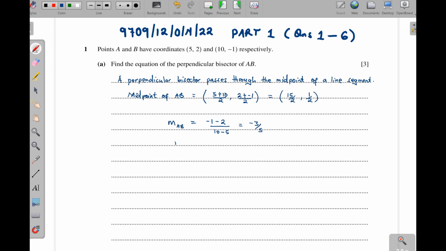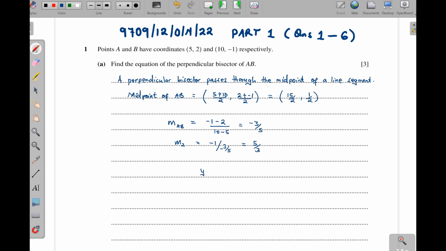Then M2, because these two are perpendicular lines, so M1 times M2 is equal to -1. So our M2 is going to be -1 out of -3 over 5, giving us 5 over 3. This is the gradient of the perpendicular bisector.